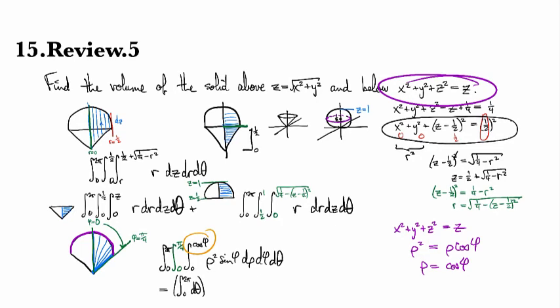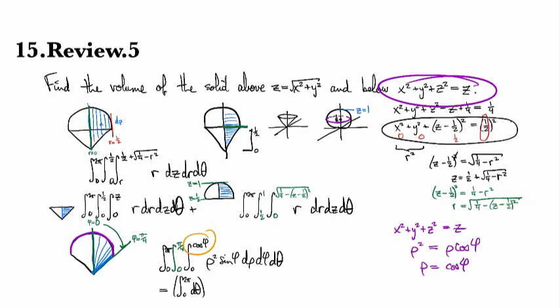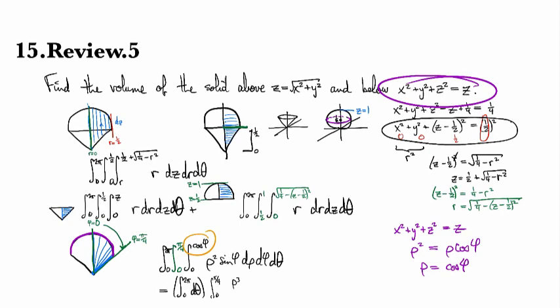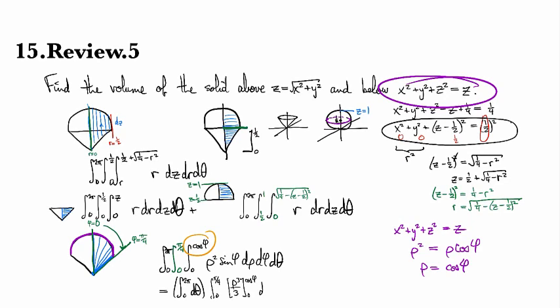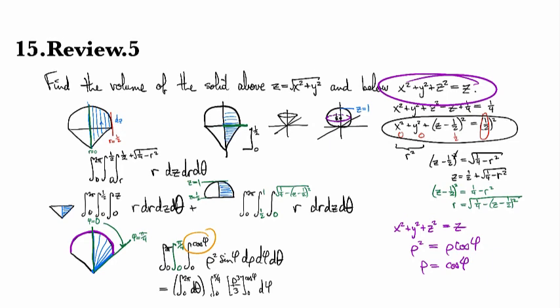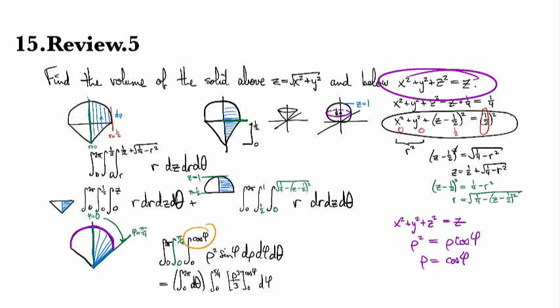So we integrate rho first, and we'll have 0 to pi over 4. We've got rho cubed over 3 evaluated from 0 to cosine phi d phi. And so that'll give me a 2 pi over 3, pulling that 3 out front.